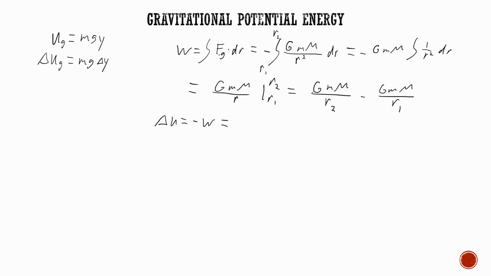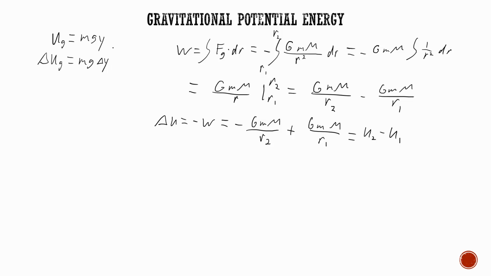If it's some force like a rocket booster or something, then the signs change, right? Anyway, so we end up with negative GmM over r2 plus GmM over r1, and this equals u2 minus u1 because that's our change in potential energy.